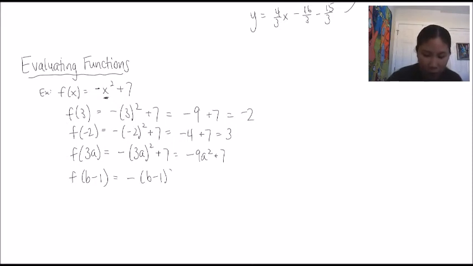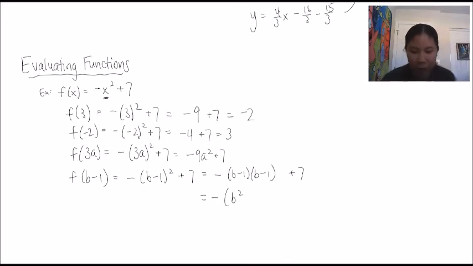Same thing, let me plug stuff in. I'd have to square b minus 1 first, but if I'm squaring something like a binomial, so it's got a minus sign and two terms, then I need to FOIL it out. So it'll be negative, and then I have to FOIL out b minus 1 times b minus 1, plus 7.